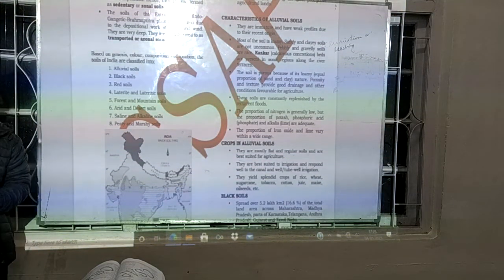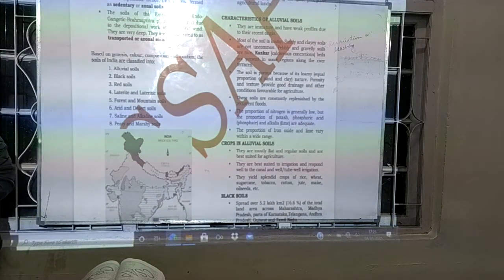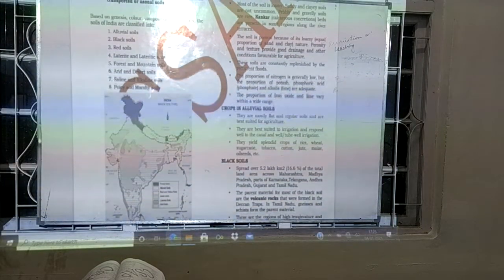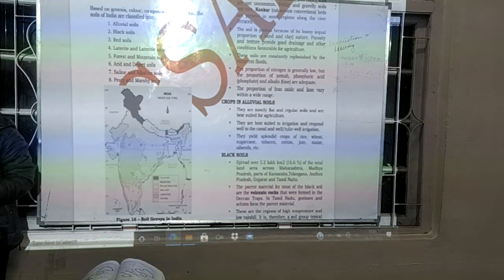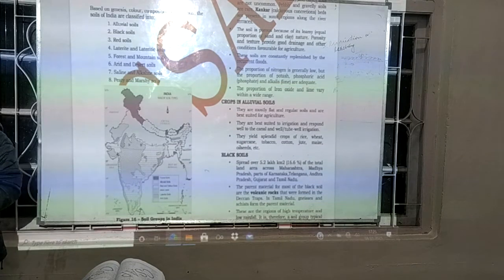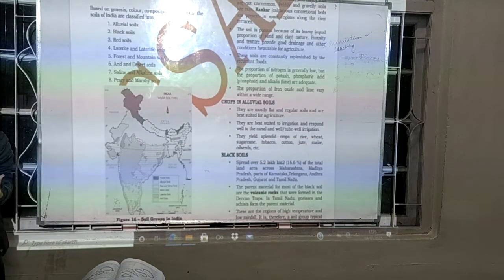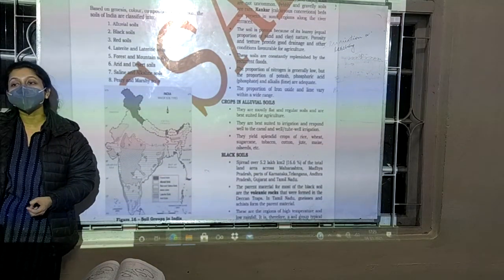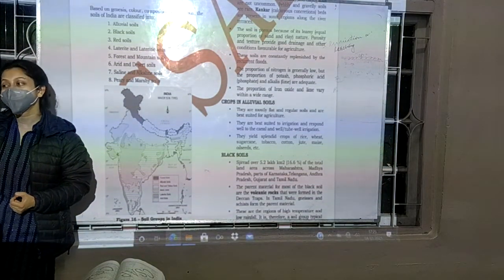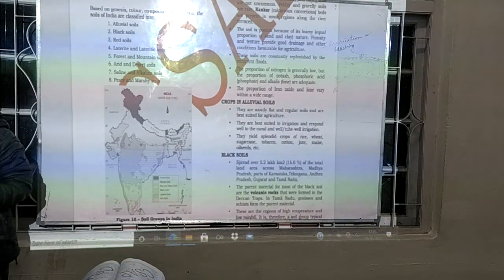Lime deposits. They are present in some regions of this soil. This soil provides good drainage conditions favorable for agriculture. And why is it so fertile? Because they are constantly replenished by recurrent floods.